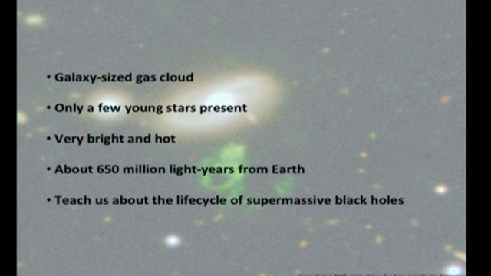First I'll give you a few short details of what it is. It's huge. It's a galaxy-sized gas cloud, and there are only a few young stars in there. It's very bright and hot, and it's about 650 million light years from Earth, which just means it's very, very far away. The cool thing is it can teach us about the life cycle of supermassive black holes, and this is how it works.